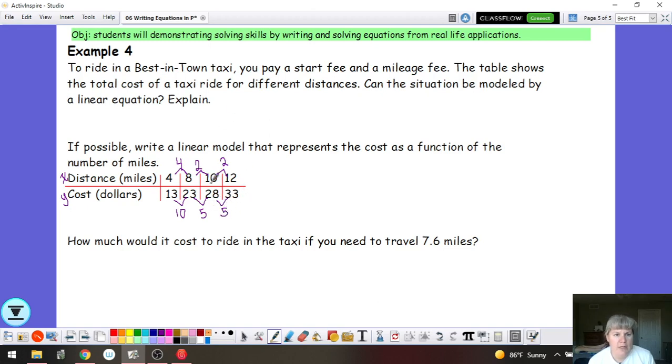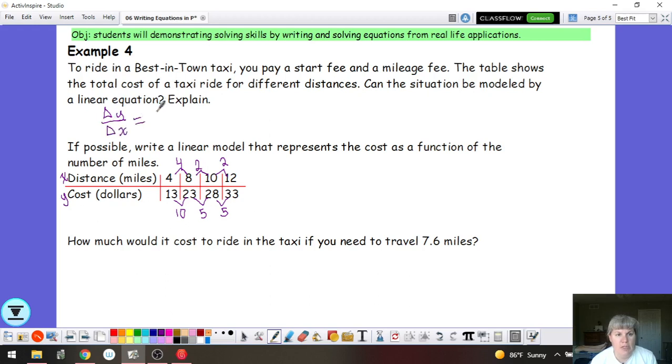Now if I look at my change in y over my change in x, I see 5 over 2, 5 over 2, and 10 over 4. To check to see if it's linear, I need to see if that 10 over 4 simplifies to 5 over 2.